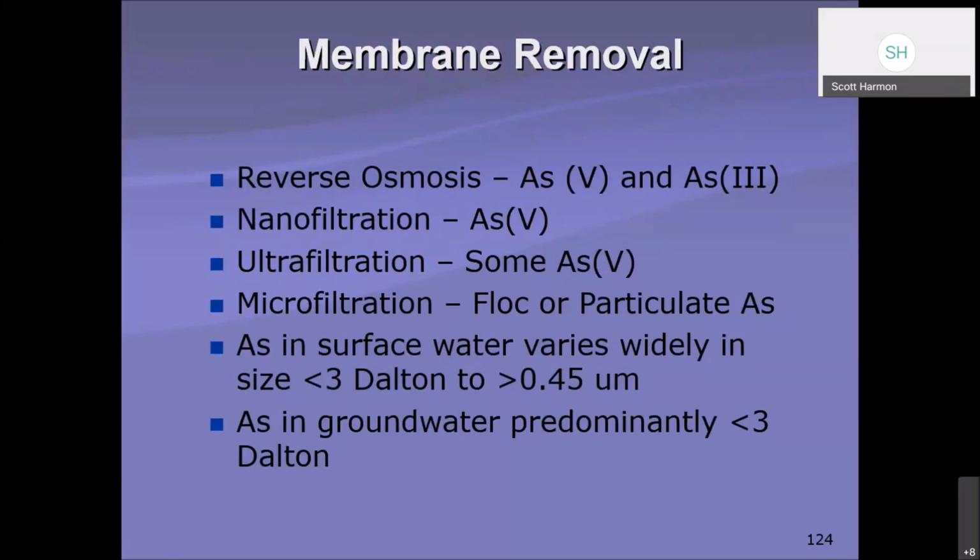So you can see what each one of those has a potential to remove. You get up to the microfiltration ones, you may not be able to remove the arsenic particles themselves, but you could use it in combination with other arsenic treatment methods and then kind of use the microfilter as a polishing device. As in surface water, it varies widely in size.